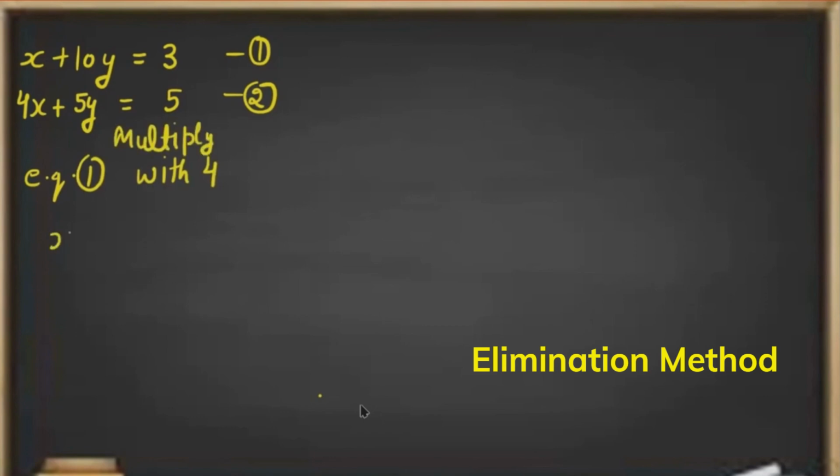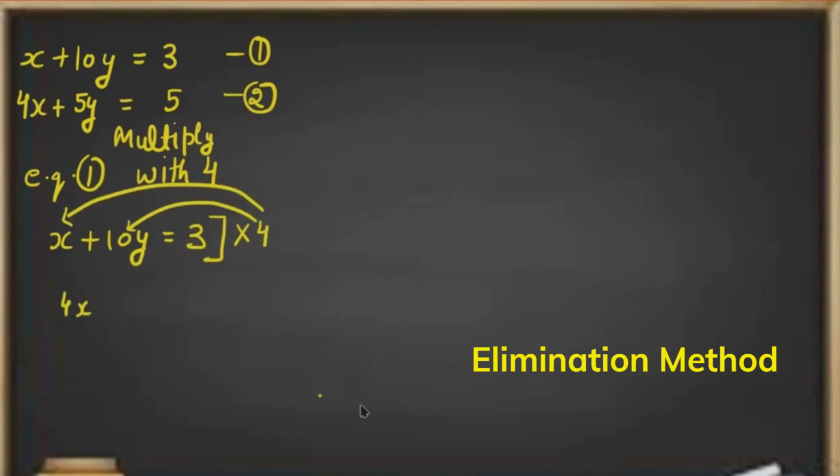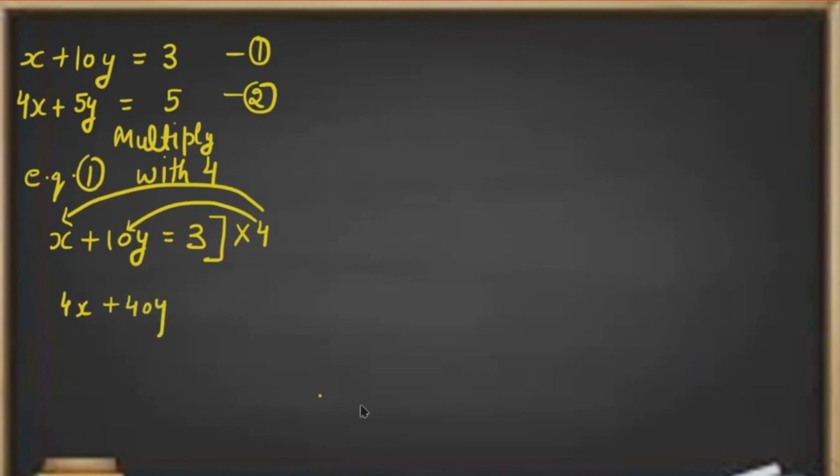We will get x plus 10y is equal to 3 multiplied by 4. 4 into x, 4x. 4 into 10y, 40y. 4 into 3 is equal to 12. Make sure you multiply all the numbers and variables in that equation on both sides.